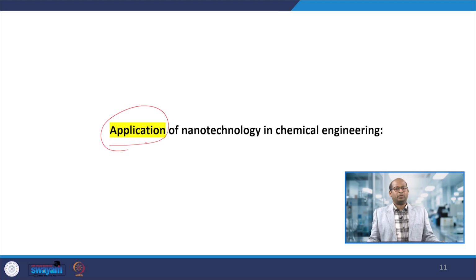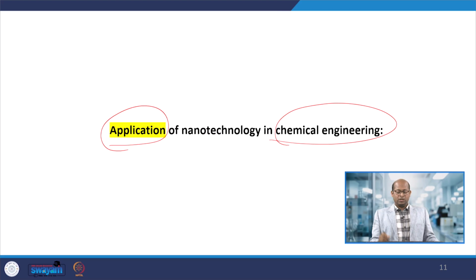Once we have prepared the nanomaterials and characterized them, the application is very important. Whatever nanomaterials we have prepared, their application would be totally based on the chemical engineering aspect. The nanomaterials we are preparing may have wide applications in many ways, electronics, electricals, biological applications, but it is not possible to discuss all.